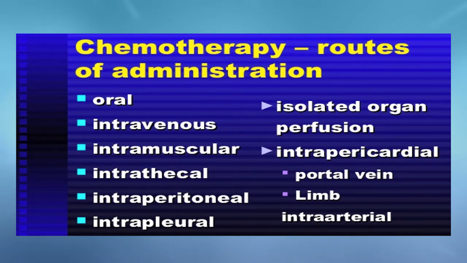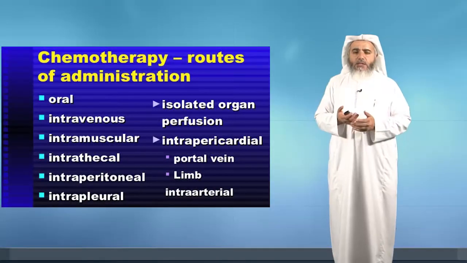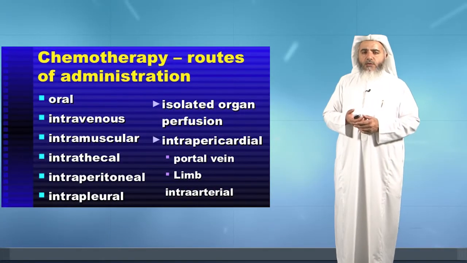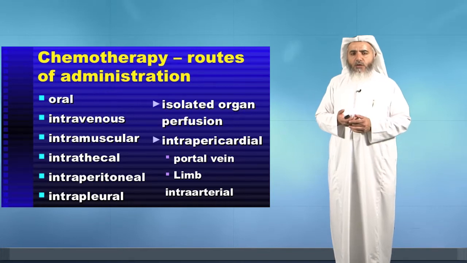So all these are common accesses for chemotherapy, but the most common is intravenous, followed by oral. Most of the chemotherapeutic agents known are given intravenously, like cyclophosphamide, 5-FU, methotrexate, cytarabine, taxanes, and vinca alkaloids. All of these are given intravenously.